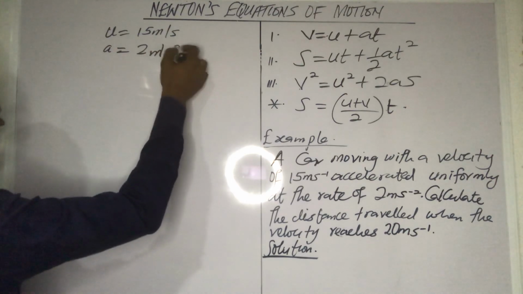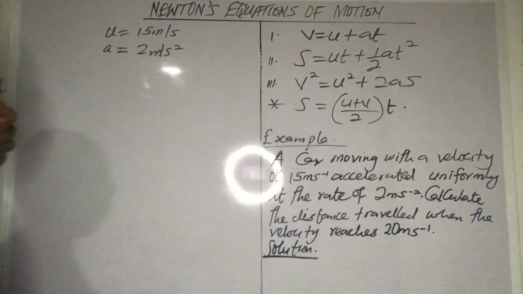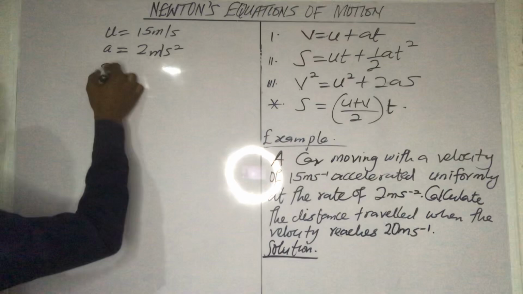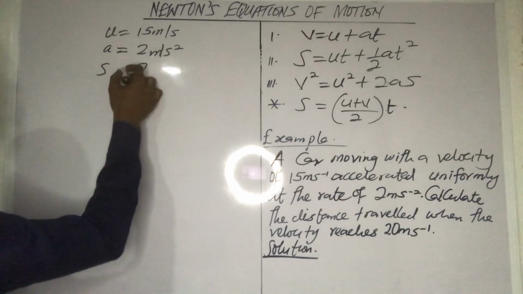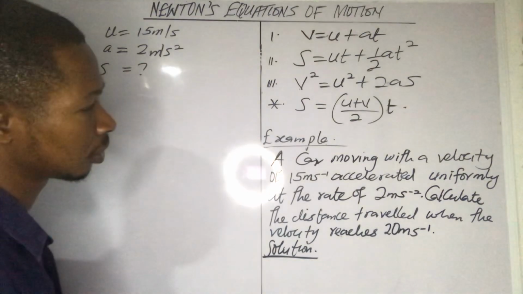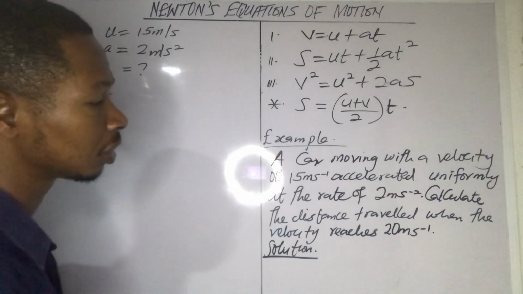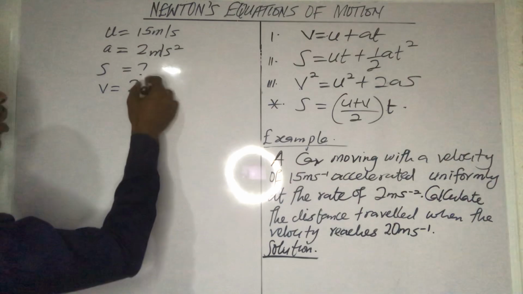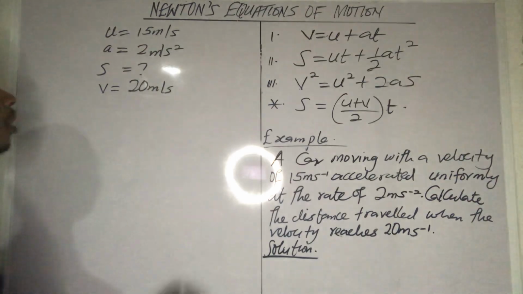Acceleration A is 2 meters per second squared. Calculate the distance traveled, that's X, is equal to what we are looking for. When the velocity reaches 20 meters per second, that's final velocity, V is now 20 meters per second.